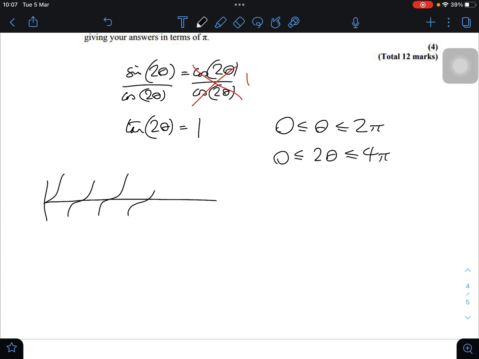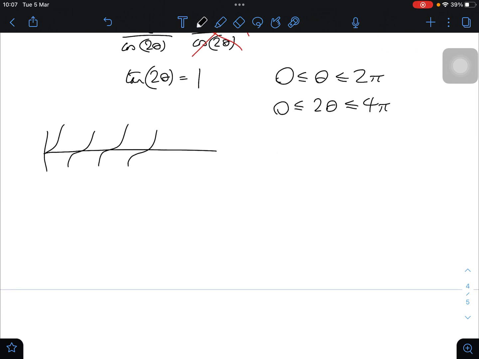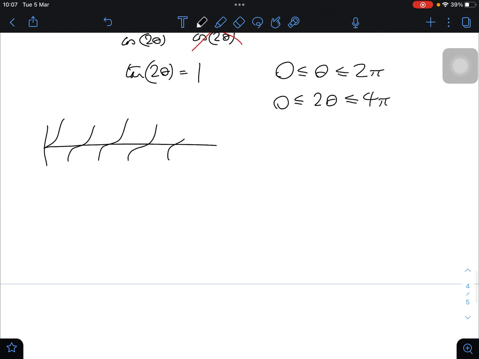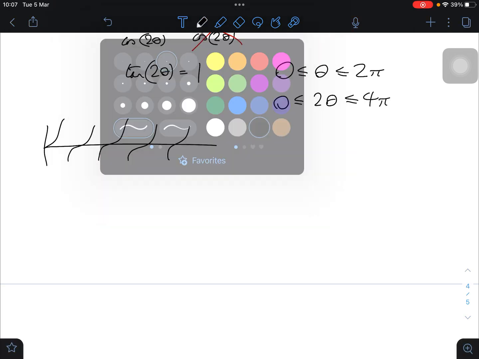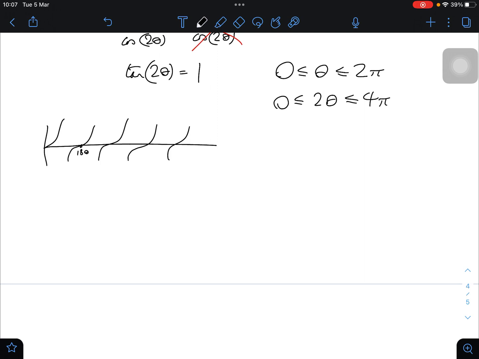So we know that, again, it goes up 180, 360, 540, 720, or in other words, pi, 2 pi, 3 pi, and 4 pi.